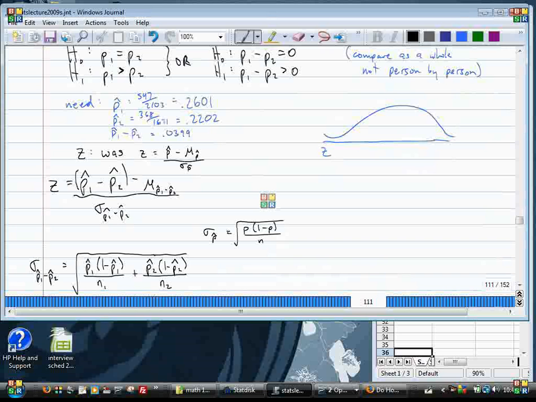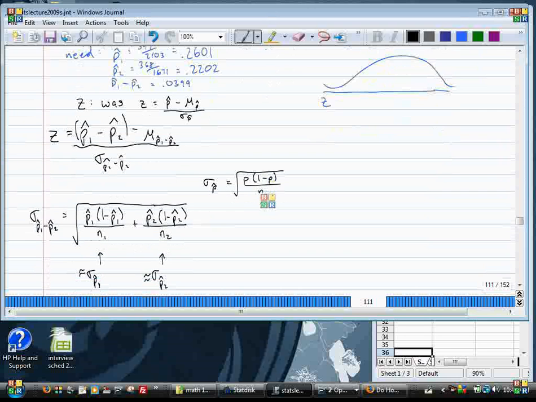What is under the square root? There are two pieces. What does the first piece look like? The standard deviation for p hat for the first one. And what does the second one look like? Standard deviation for p hat for the second one. Yeah, if you want, you can even calculate them separately.